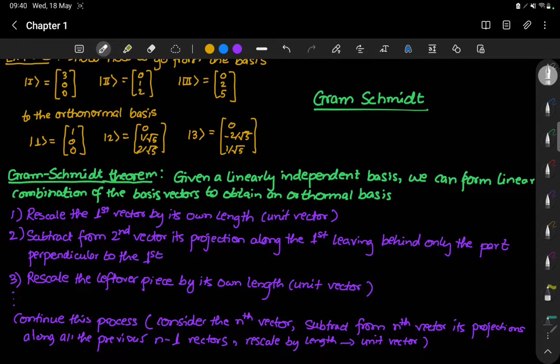So we need to be very careful in what is going to be our choice for the first vector. Now we can clearly see that this Roman numeral 1 vector and this numeric 1 vector are parallel to each other. Similarly, Roman numeral 2 and numeric 2 are also parallel to each other, but the Roman numeral 3 and the numeric 3 are not parallel to each other.